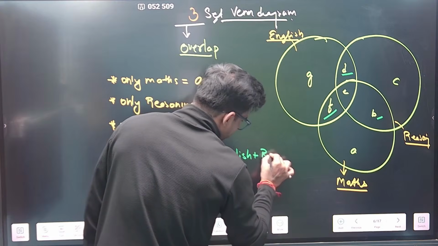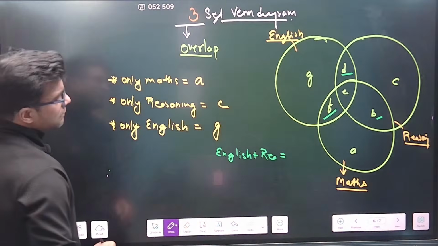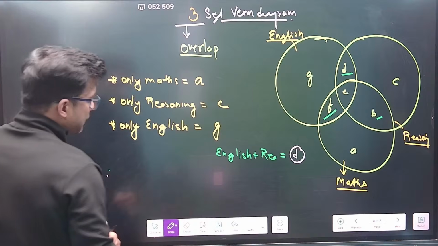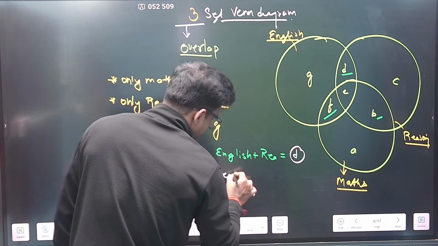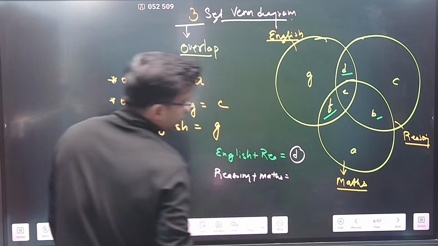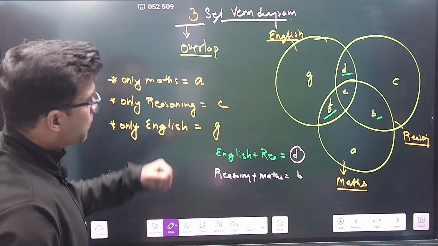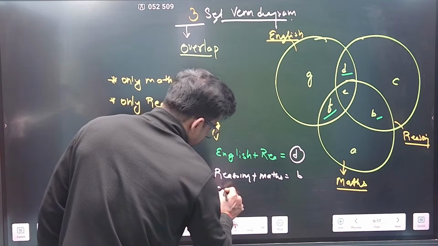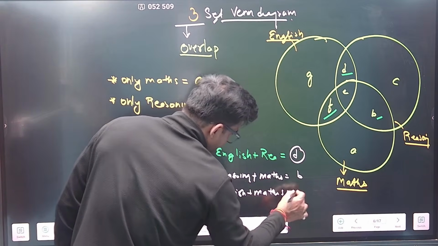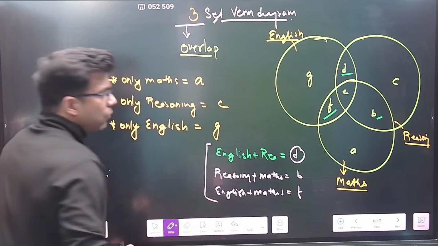English plus reasoning is basically D. Reasoning plus maths is B, and English plus maths is basically what? F, correct? So these are the parts where only two things are common.